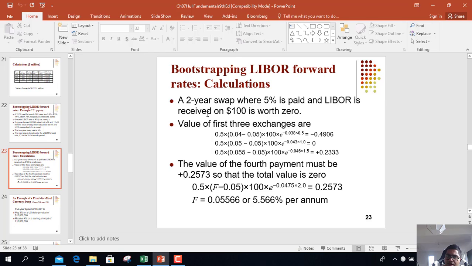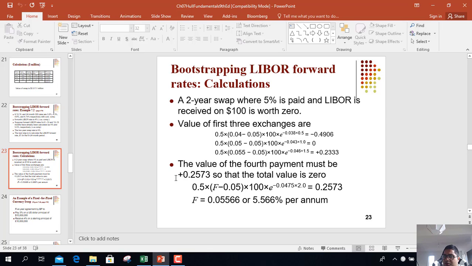So how to do that? A 2-year swap where 5% is paid and LIBOR is received is worth 0. So the value is 0. So 0.5 times the difference between the LIBOR rates and the fixed rate, then discounted at risk-free rates. You calculate the value for each period.